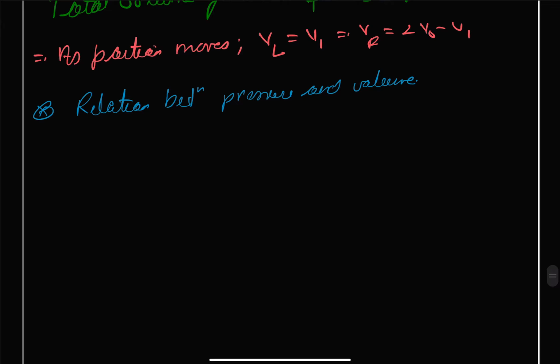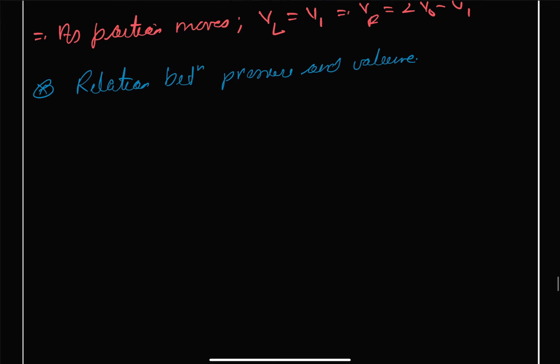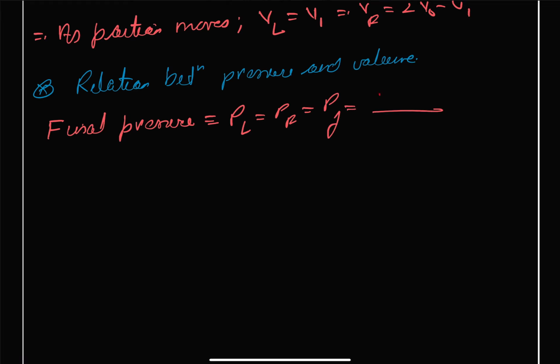So we are given that the final pressure in both the chambers is the same. So you can say our final pressure, that is the pressure in the left chamber, is equal to the pressure in the right chamber, and that is given to us as PF is equal to 243 times P0 divided by 32.